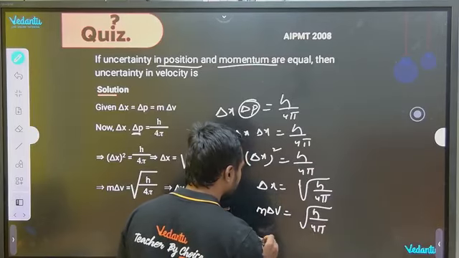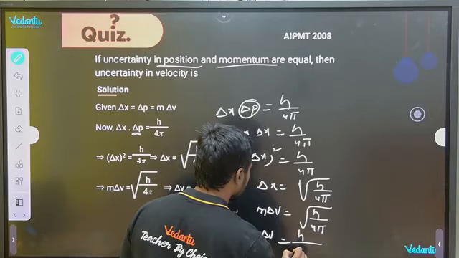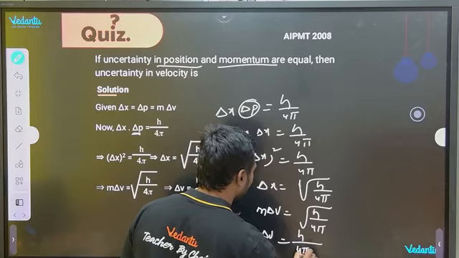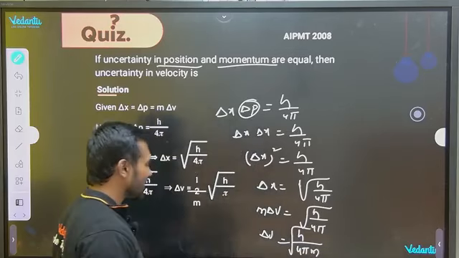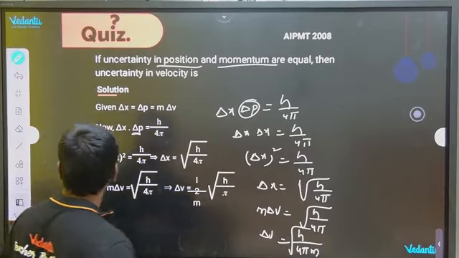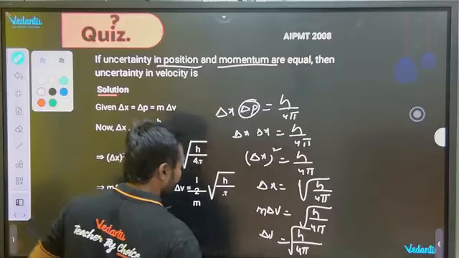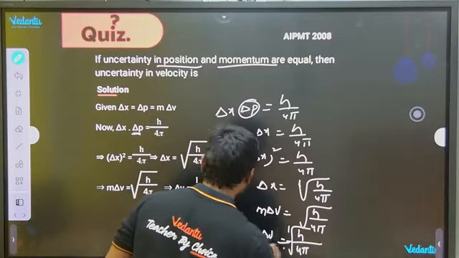So bring this m this side. We want only velocity. So under root h by 4 pi, m comes outside, that is 1 by m.